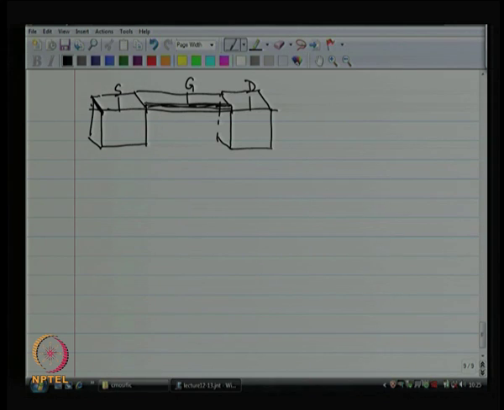All right. So, when you make it look like a box, all of these surfaces contribute to the source to body capacitance. All right.